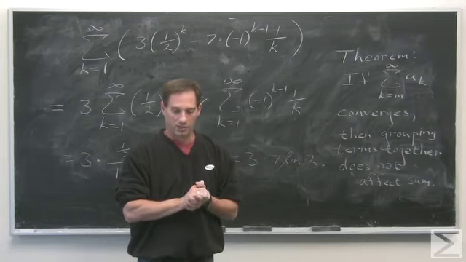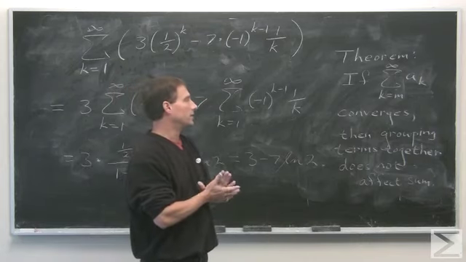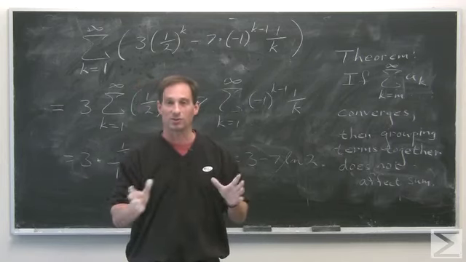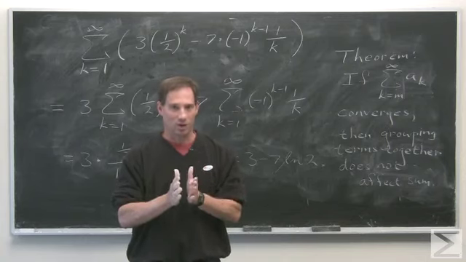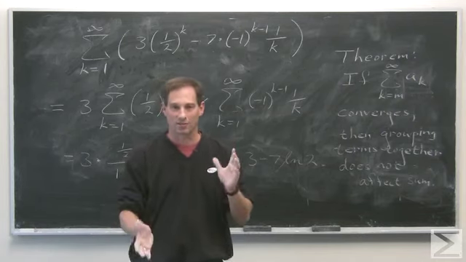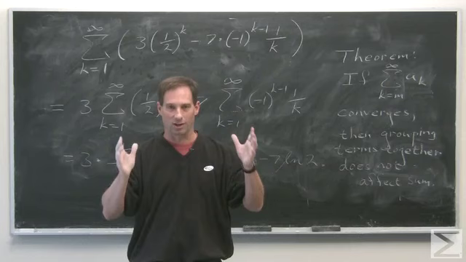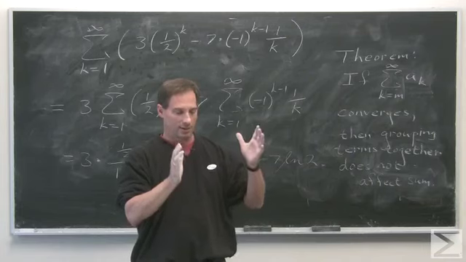All right, well, that seemed like a fair amount of material. Actually, it's just introductory. In the next section, we're going to have a bunch of tests for whether series converge or diverge, but we're only going to apply them to series that don't have both positive and negative terms in them, because that's easier. So we'll look at series that have all terms greater than or equal to 0.